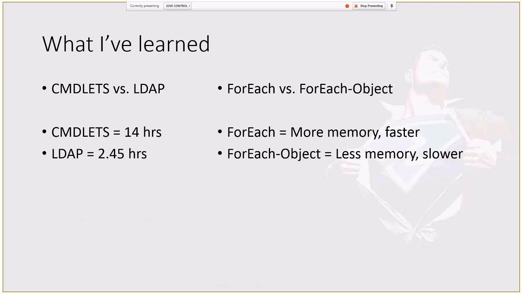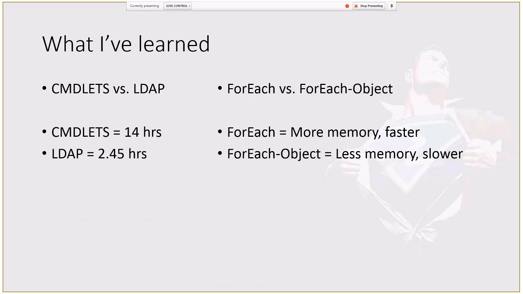So after that, I decided not to use the commandlets and started writing my own functions that only offered the functionality I needed. By then, it took 2 hours and 45 minutes instead of 14 hours to complete. So this is a humongous difference.